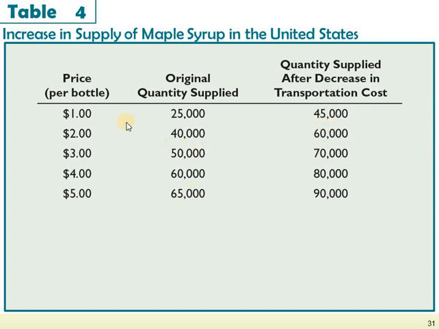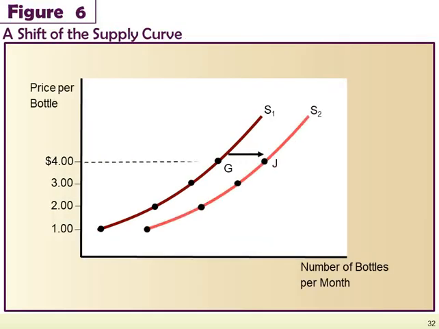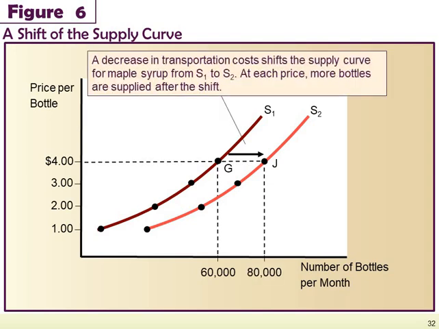Okay? So, ganun din. Habang tumataas ang presyo, dumadami pa rin yung ating nagiging supply. Alright, so this is the graph representation of the table previously. Ito lang yung representation nung ating table kanina about the transportation cost.